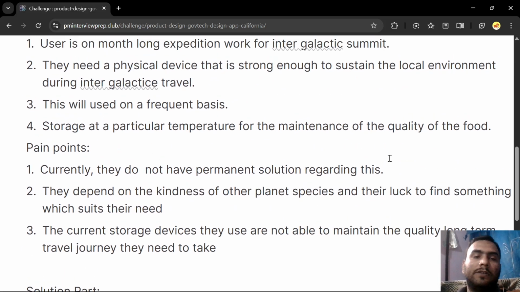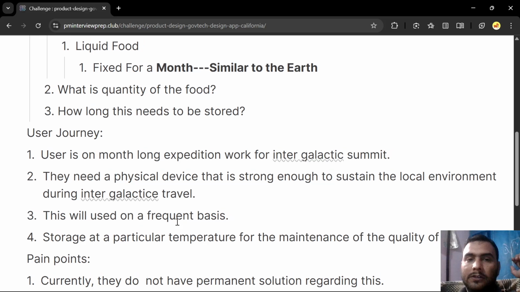So in our solution, I have identified a few pain points, or assumed them, since I do not have any way to exactly find out or do research about that. So I'm just assuming it, and this I will confirm with the interview itself.